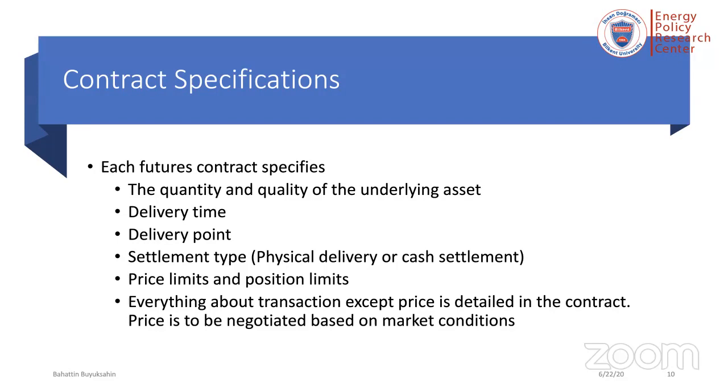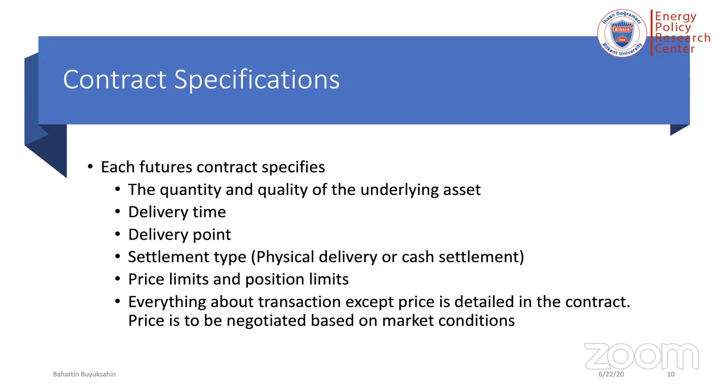The underlying assets in the futures contract can be anything, ranging from, as I said before, commodities to stock indices, equities, bonds, foreign exchange, interest rates, and so on. However, the exchange has to specify exact terms in identifying the contract.